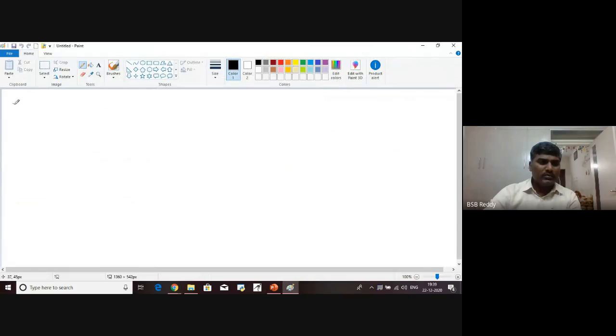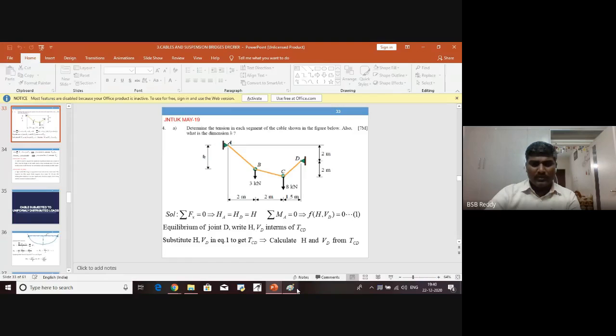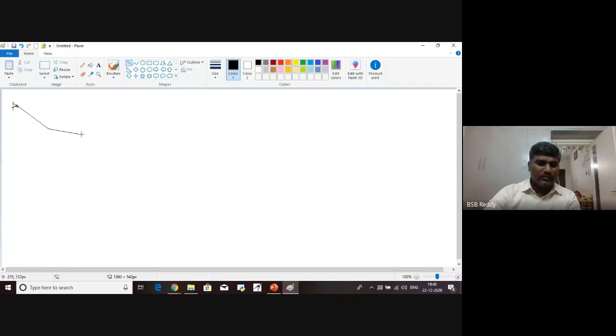Let's draw the support first here. Then from there I'll go with a straight line, and the next line a little flatter, and then the other one, something like this.